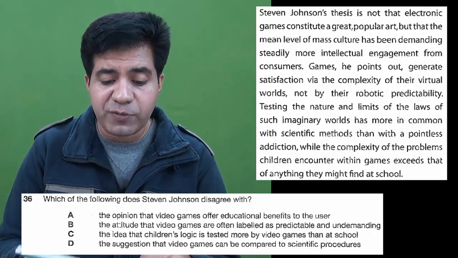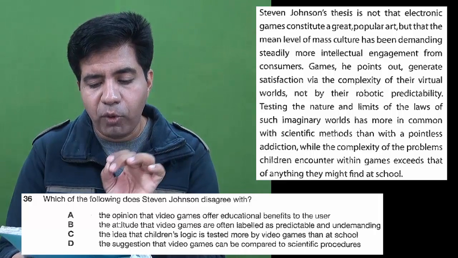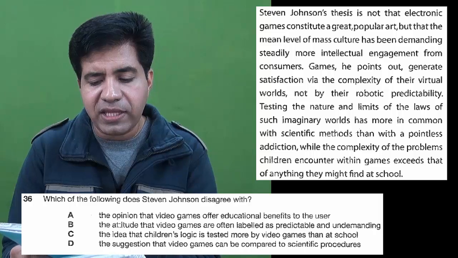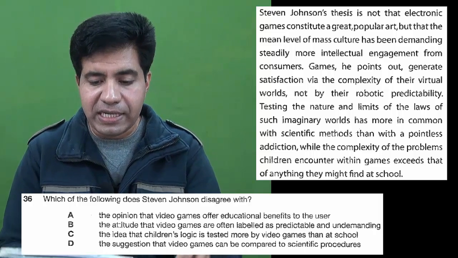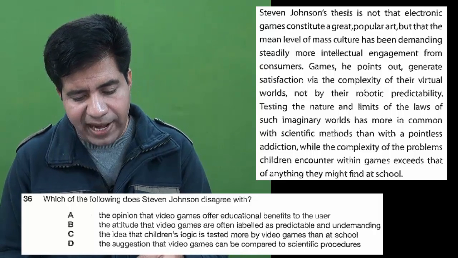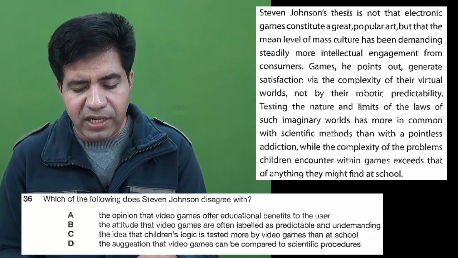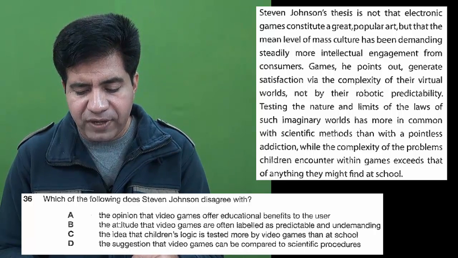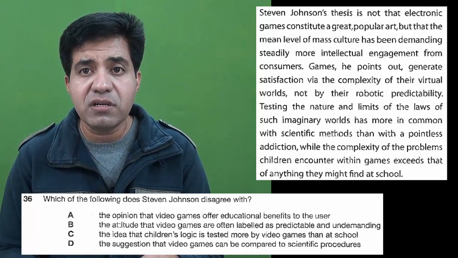So he disagrees with that: not by their robotic predictability. Now let's see, we keep all these things in mind and we go through that. Which of the following does Stephen Johnson disagree with? A. The opinion that video games offer educational benefits to the user?